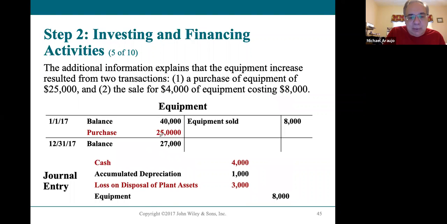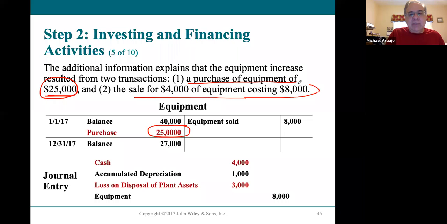So here you have the purchase of equipment rather for $25,000. You see the purchase of the equipment there. This was a cash transaction, so that's why you see it in cash. You also saw that part of the other additional information is they sold equipment for $4,000.